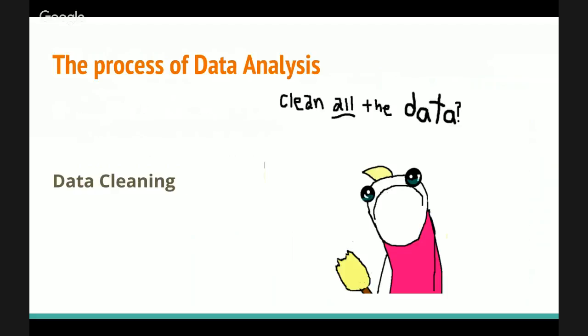The next step is data cleaning. Once processed and organized, the data may be incomplete, contain duplicates, or contain errors. The need for data cleaning will arise from problems in the way that data is entered and stored.